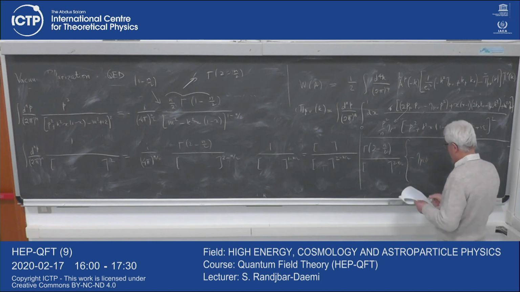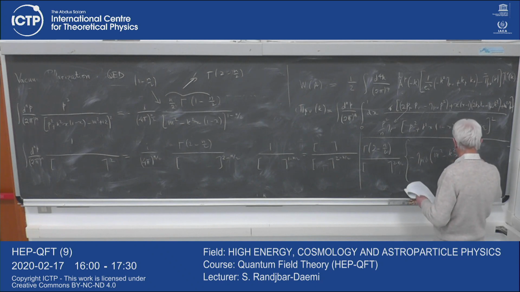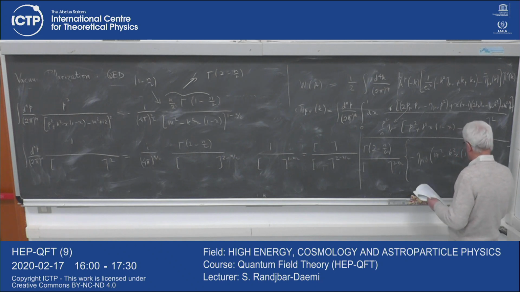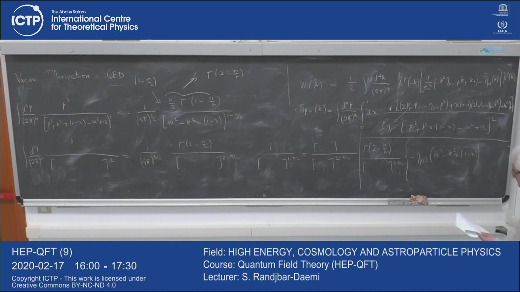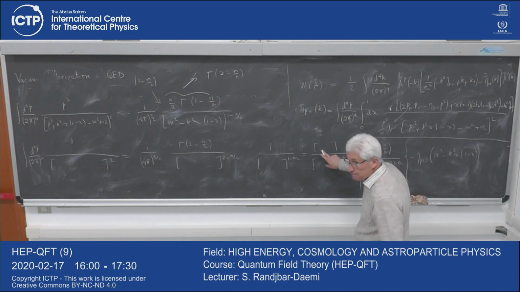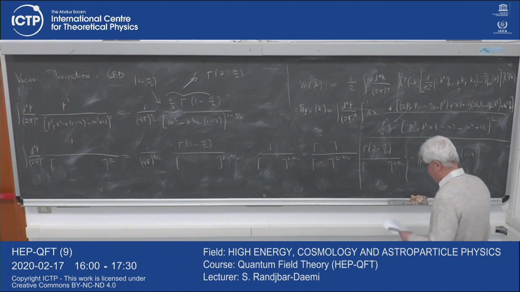Therefore, the first expression will be minus eta mu nu, m squared minus k squared x times 1 minus x. That's it. So this comes from that, and eta mu nu comes from that numerator.